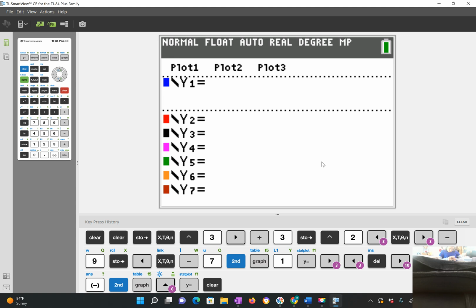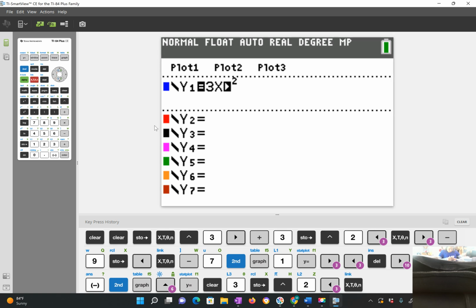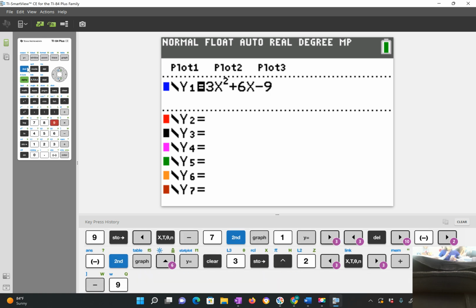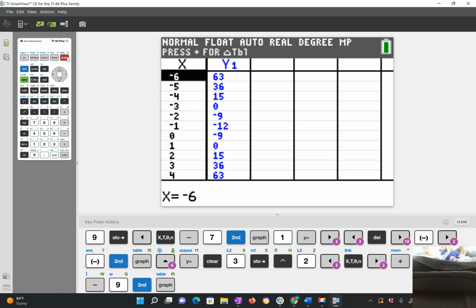All right, so we're using the derivative: 3x raised to the second, plus 6x, minus 9. If I go to second graph, it should work. Is it still wrong?